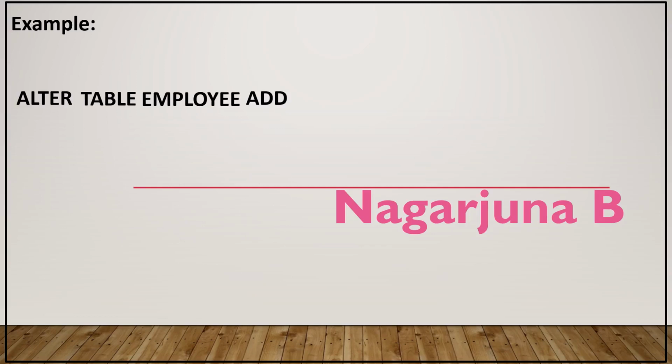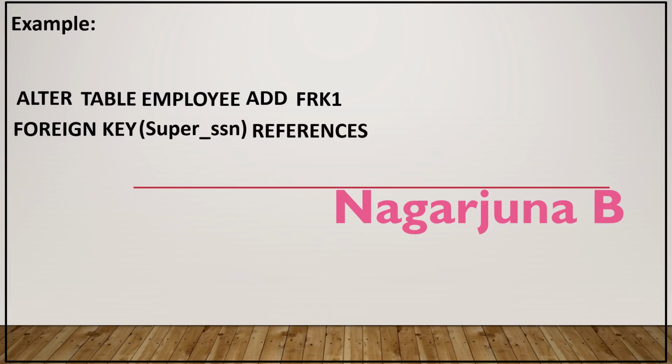So the table name is employee, and FRK1 is the constraint name, foreign key, within the bracket the column name. The column name here is super SSN, within the bracket, references. Which table? It will be referring to the same table, that is employee, within the bracket SSN.